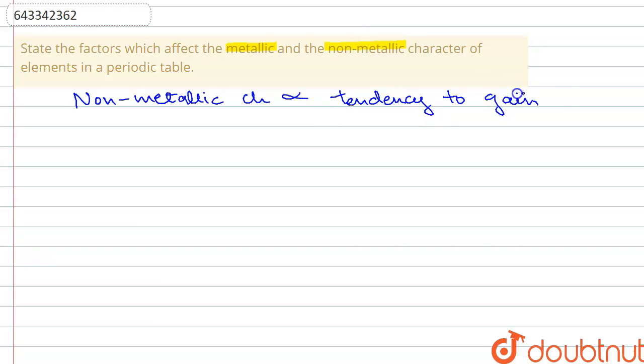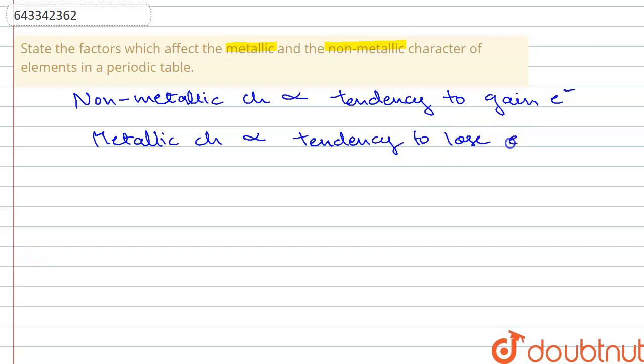Whereas metallic character is directly proportional to the tendency to lose electrons. So this is the main property that distinguishes metallic and non-metallic elements: the tendency to lose electrons. So in the periodic table, the factors that affect metallic and non-metallic characters are: first, the number of valence electrons.